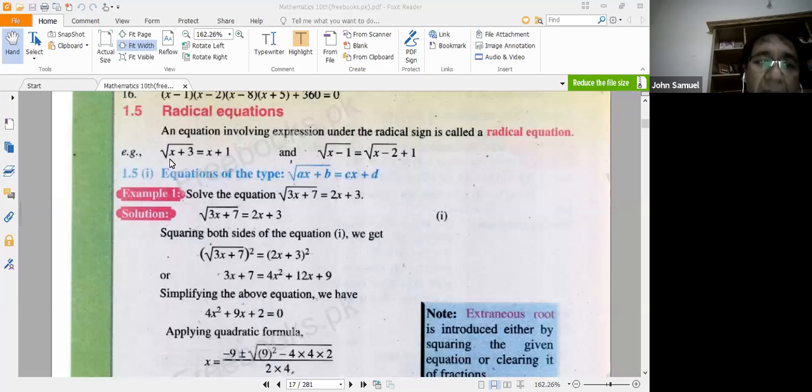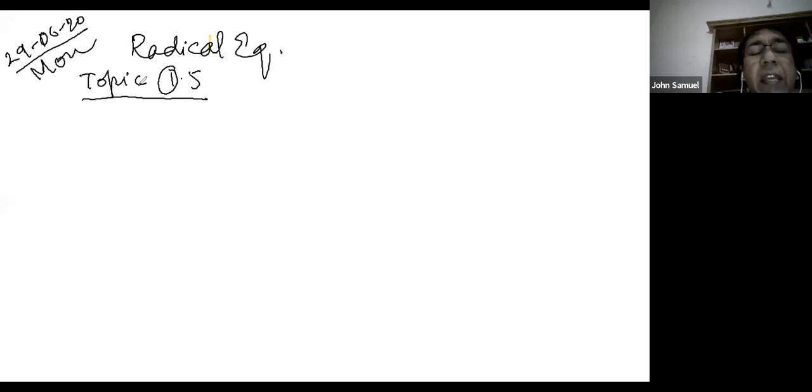It could be like this. I would explain to you. Again, I'm taking you back to my screen. An equation which involves, I'm writing the question, square root of x plus 3 is equal to x plus 1.